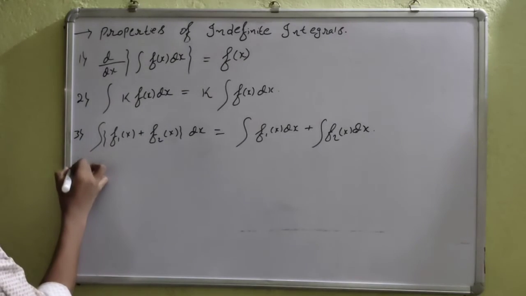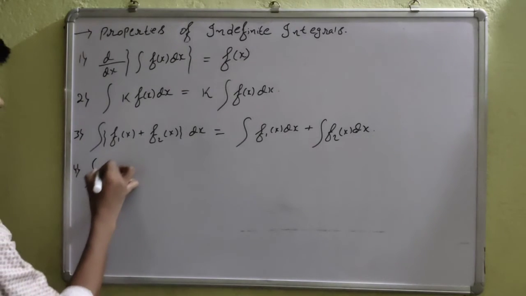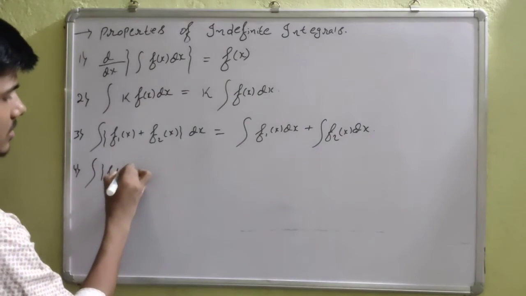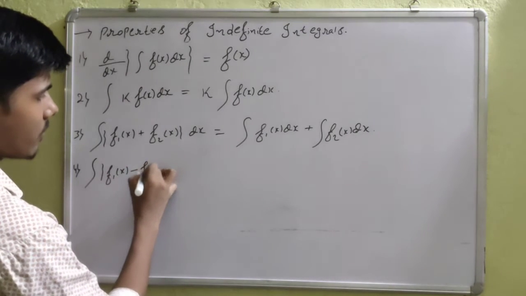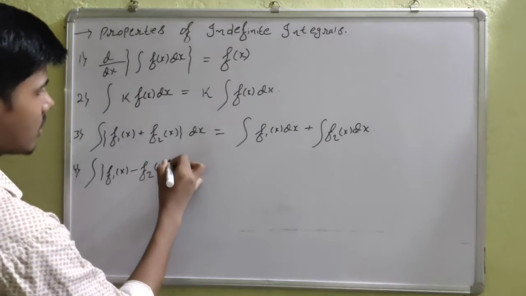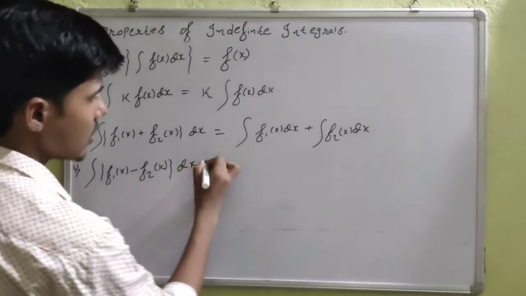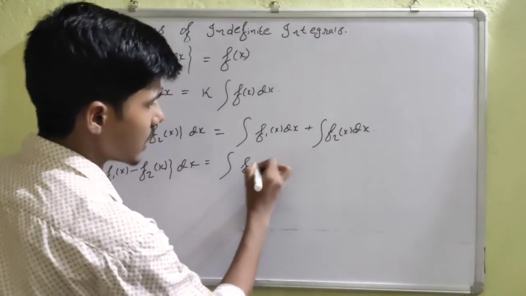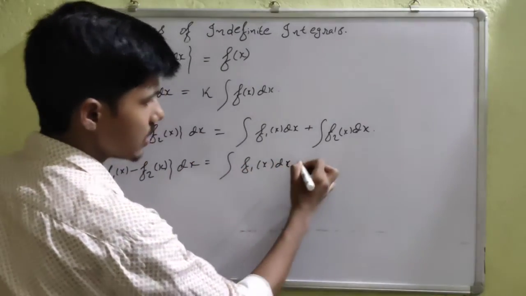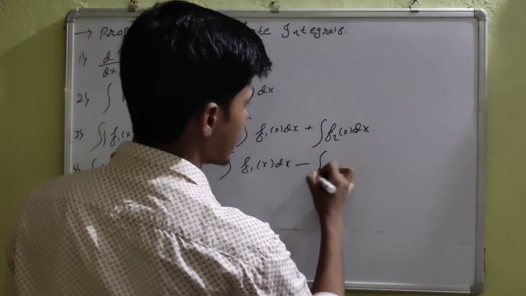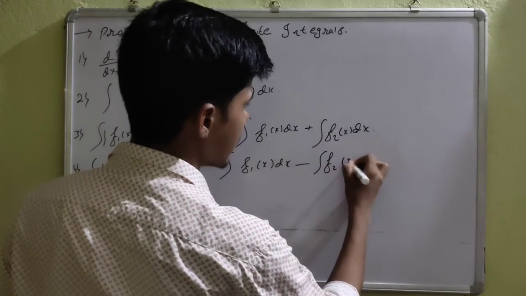The fourth property is integration of f1 of x minus f2 of x dx is equal to integration of f1 of x dx minus integration of f2 of x dx.